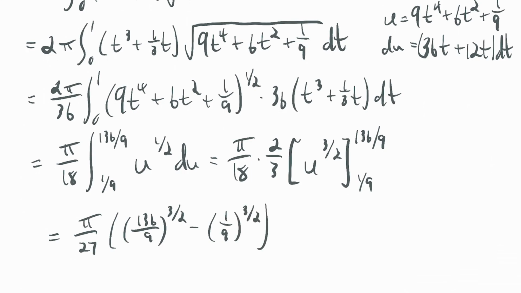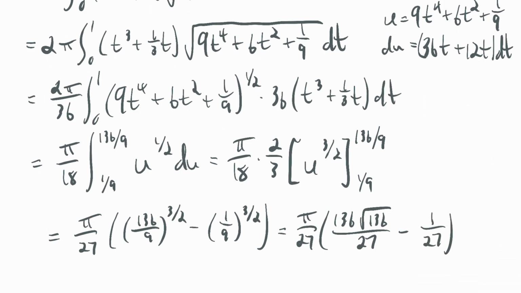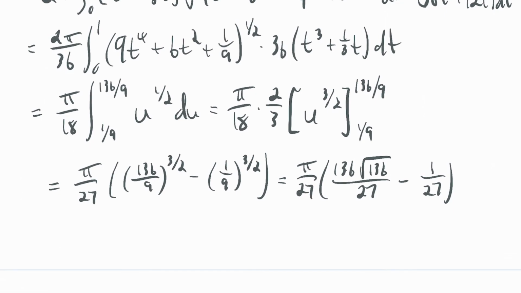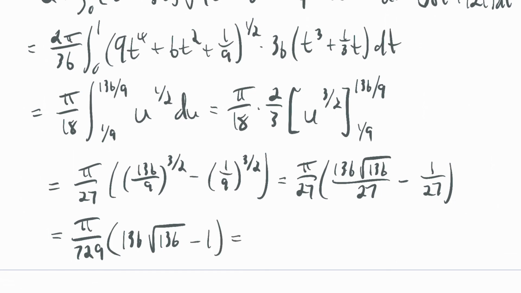If I want to simplify this a little bit, I could say this is pi over 27 times 136 root 136 over 27, minus 1 over 27. So clean this up a little bit more, I get pi over 729 times 136 times root 136 minus 1.